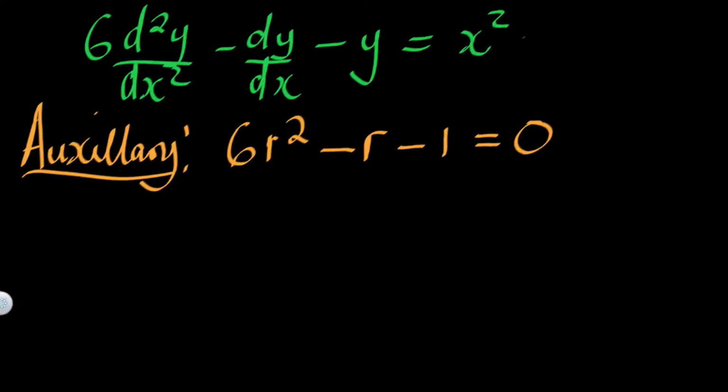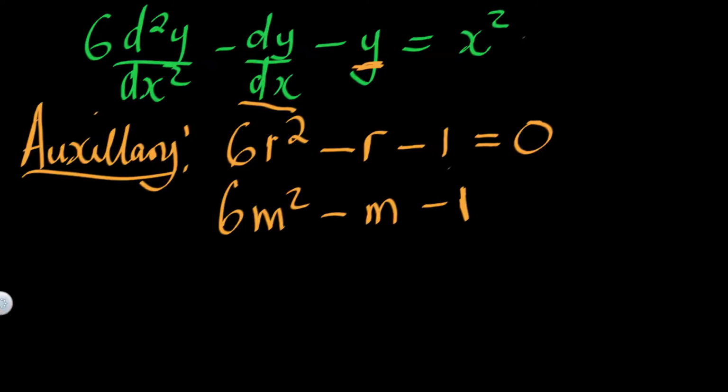So our r is like dy dx. Some textbooks use m, so you may find it written as 6m squared minus m minus 1. This minus 1 here is the coefficient of y, and our r is dy dx. That's why we're using r squared here, because this is a second order differential coefficient.